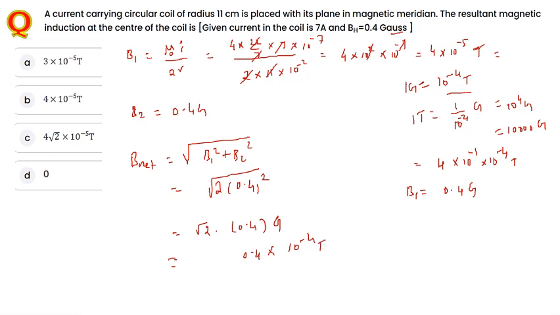So here it is 4 into root 2 into 0.4, which is 4, and you have one more 10 power minus 5 Tesla. So that is the answer in this case.